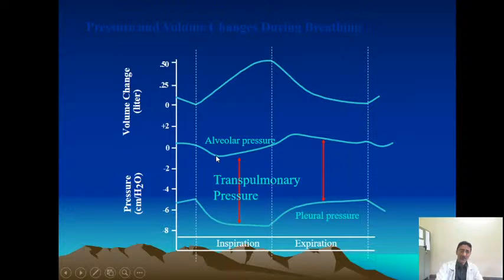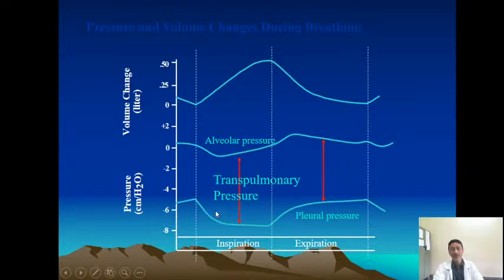It falls in the middle of inspiration and then gradually increases, reaching the pre-inspiratory level. During expiration it goes up, then stays flat for some time, and then reaches the pre-inspiratory level at the end of expiration. Similarly, we have the pleural pressure here.